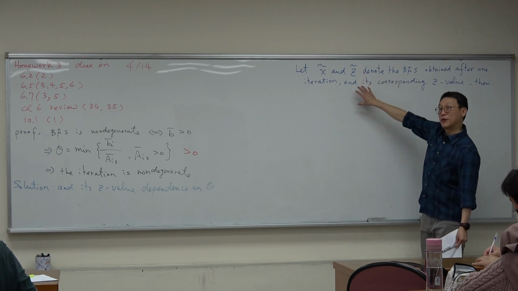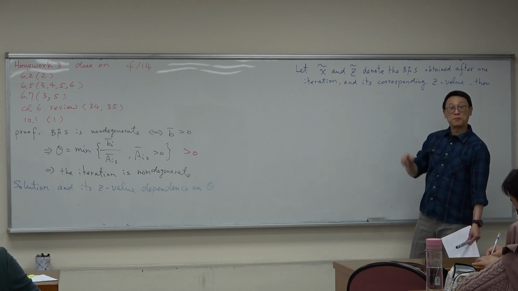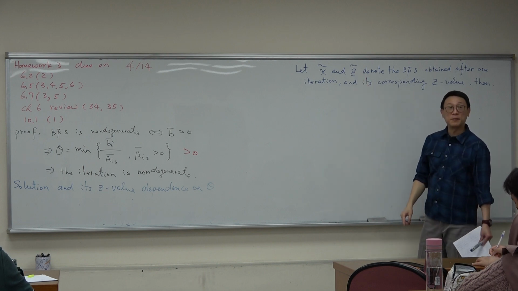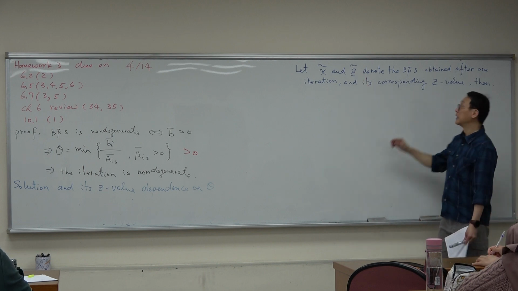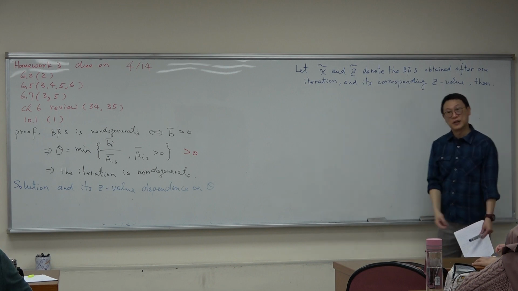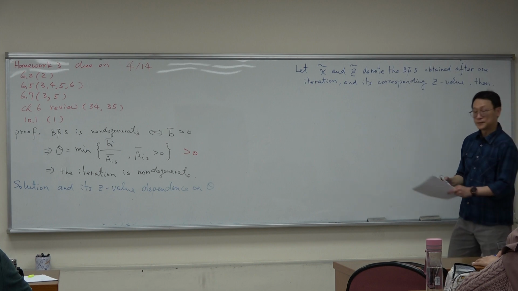The x tilde indicates the x bar new, and z tilde indicates the z bar new. It's the next iteration, the following iteration I get from the current iteration's information.